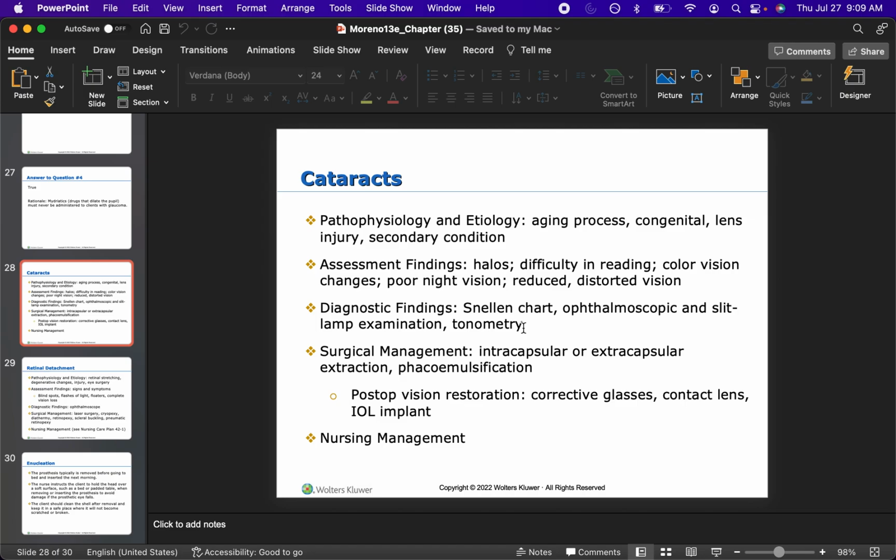We'll do the Snellen chart to see where you're at visually, and then we'll do a bunch of different scopes. For surgical management, they'll go in and take away that cloudiness behind the lens. If you've ever seen a video of it, it's actually pretty cool. And then there's also vision restoration after the fact. So there are different things that you can do for cataracts.